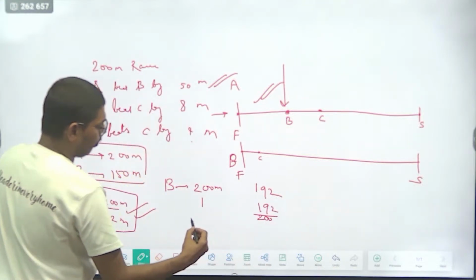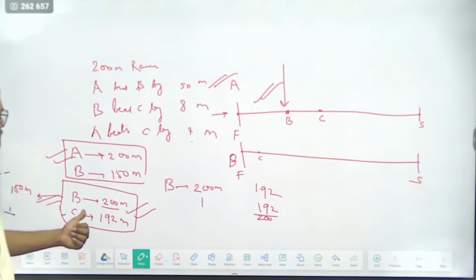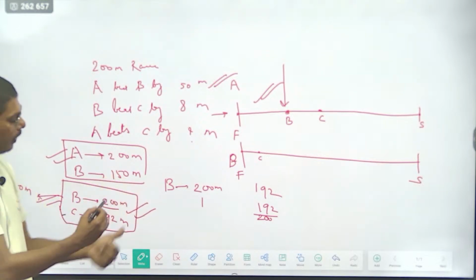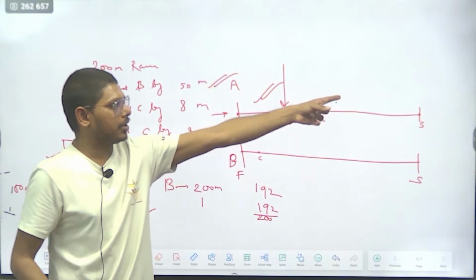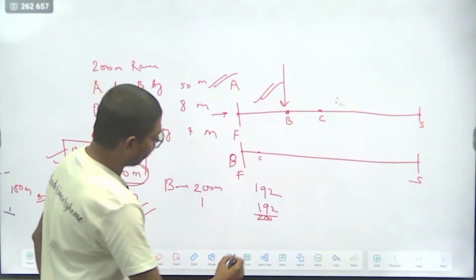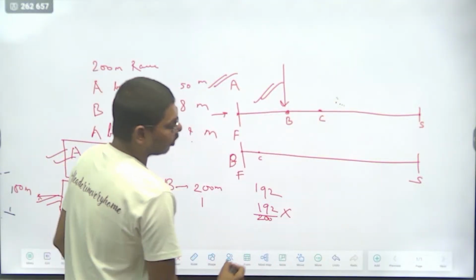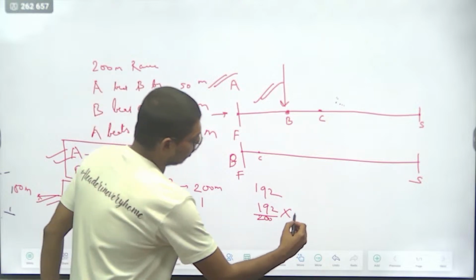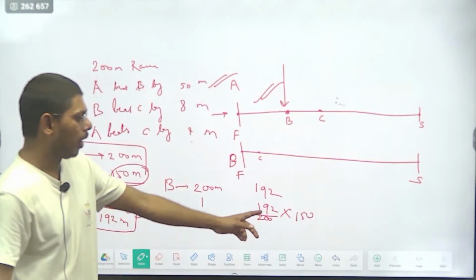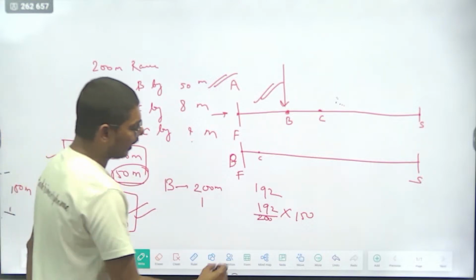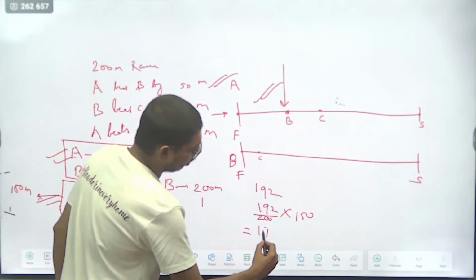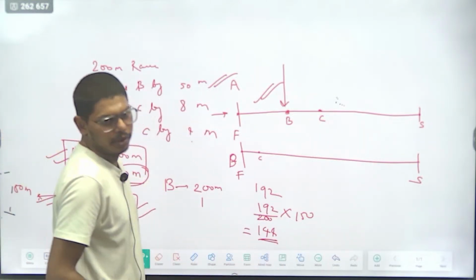We want only 150, so we can locate C in this first figure. If B travels 150 meters, C will travel 192 by 200 into 150. This is 144, as you guys have found out.